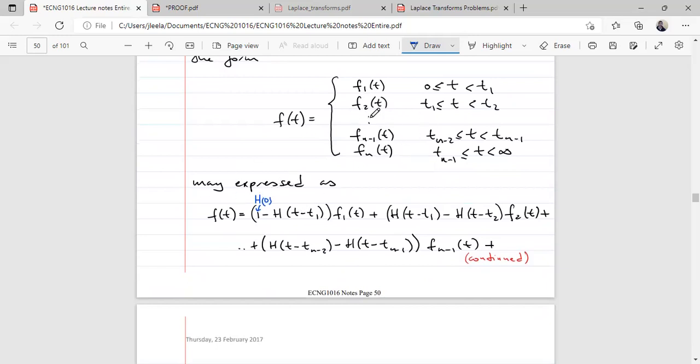So your function, in order for you to evaluate the Laplace transform, you have to take for each piece of the function, for each individual piece, right? You're taking the Heaviside at the lower limit, right? And you're minusing the Heaviside at the higher limit, right? So basically, this is the Heaviside here of t naught.